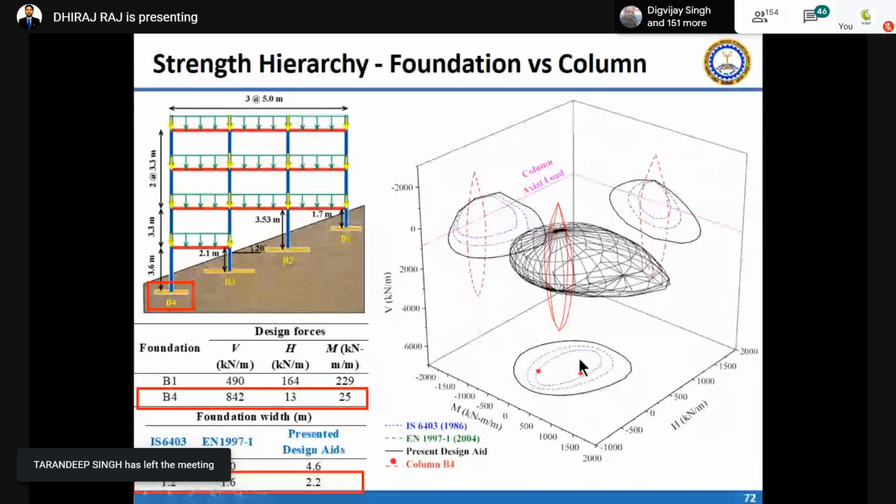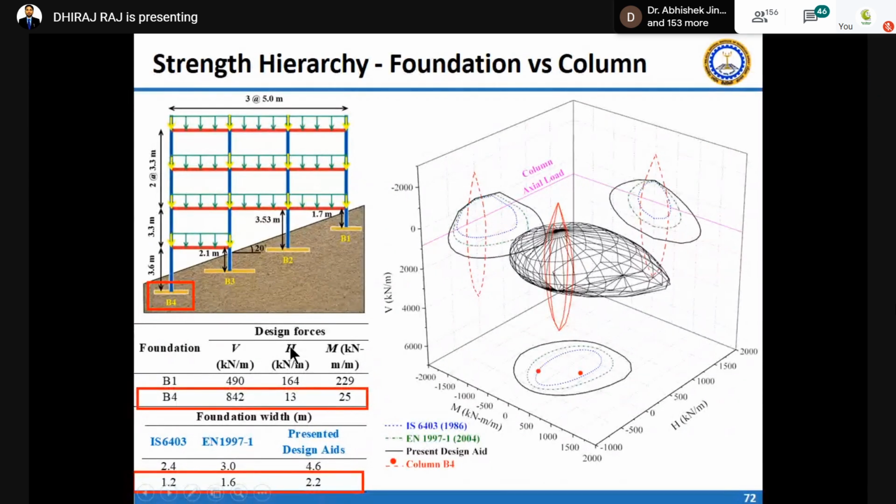So the question is why it is safe for all the codes, or you can say Eurocode and other things. Because here you have very low H and M. We are always designing our foundations for vertical load, and horizontal and moment forces are included in different terms, in terms of load inclination factor or in terms of effective width factor.